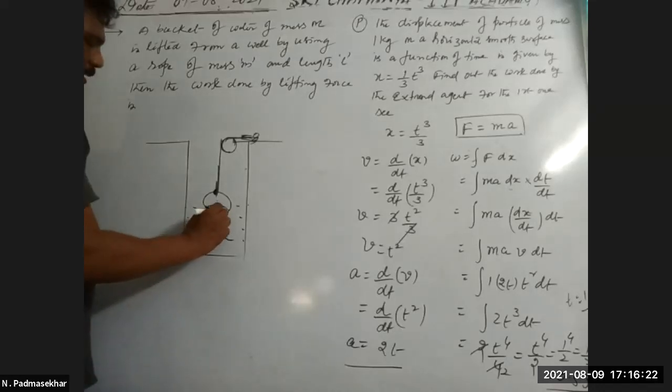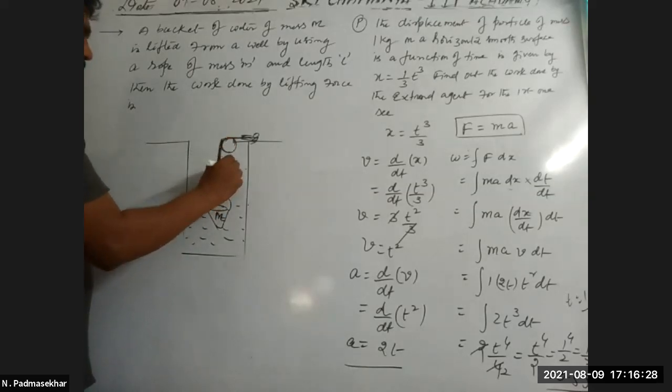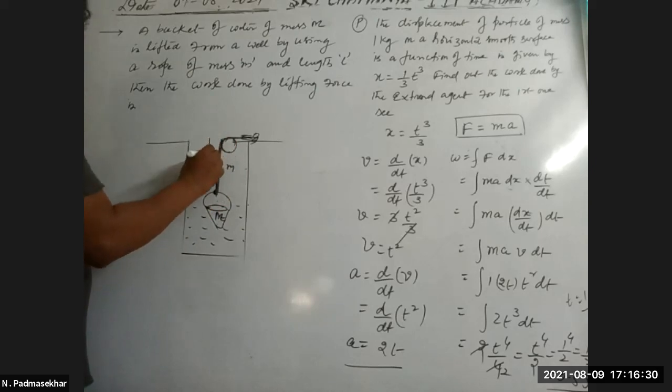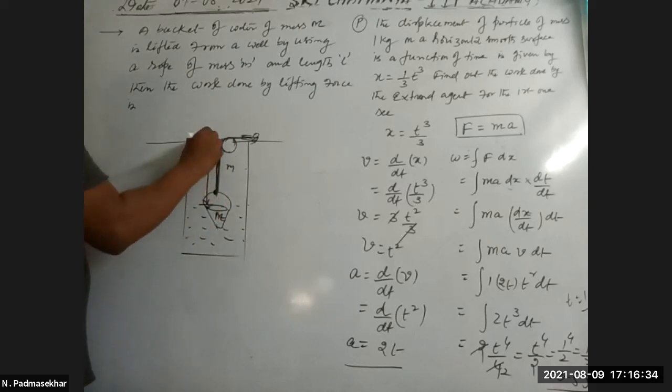So the mass of the bucket is capital M. The mass of the rope is a small m here. Mass of the rope. So length to be lifted is L. L is the length.